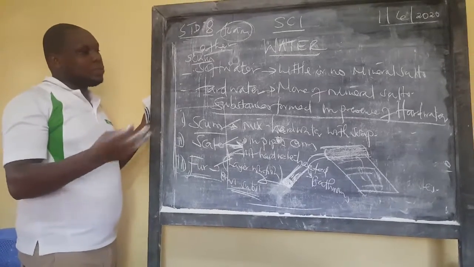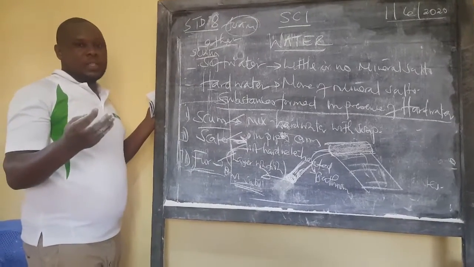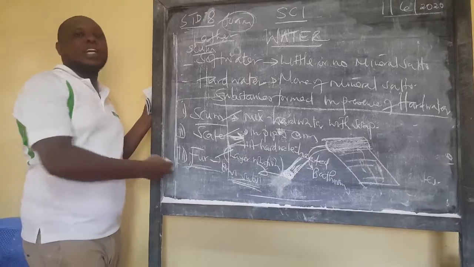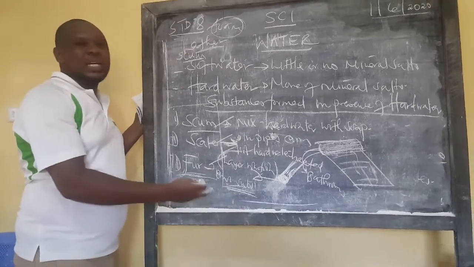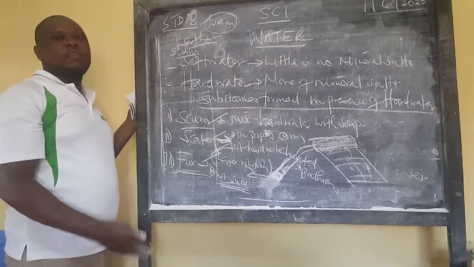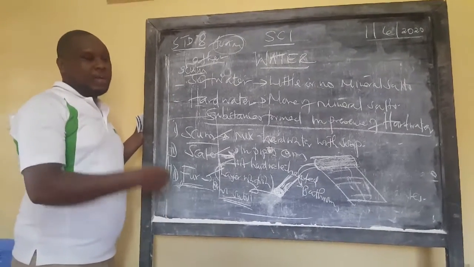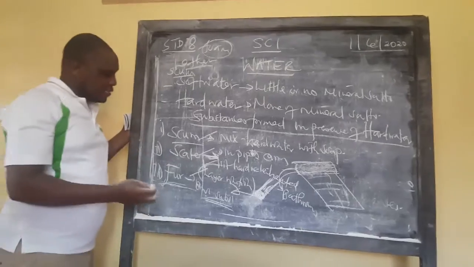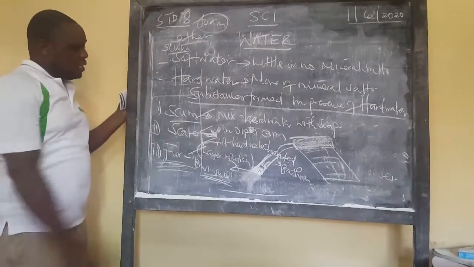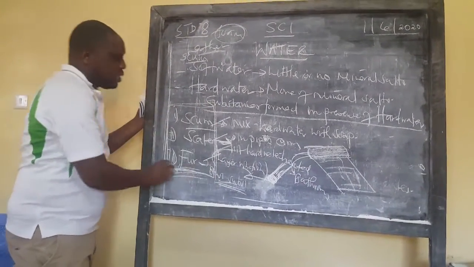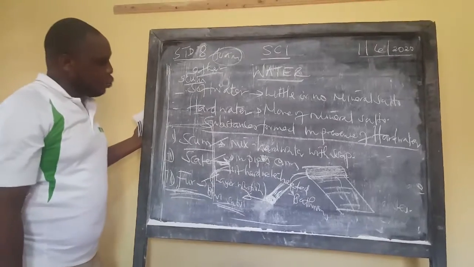I mean, just left water to boil, and then you forget. Once you come back, you find some white substance at the base. If the water has already dried, that is what we call fur. It can be found in sufurias, can be found in pans. So these three are substances that are formed in presence of hard water.